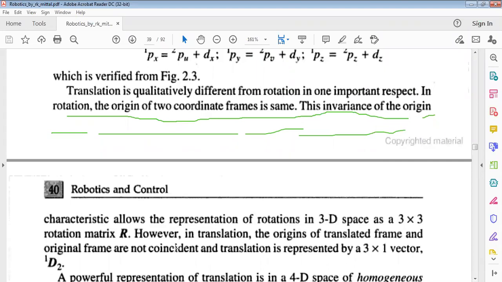That invariance of the origin allows the representation of rotation in 3D space as a 3x3 rotation matrix. But in translation, the origins are translated from one frame to the other, so there is no coincidence between those origins. So that translation is represented as a 3x1 vector.